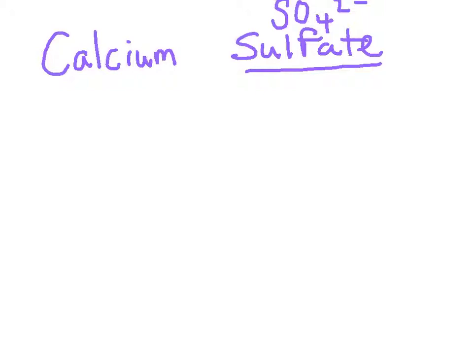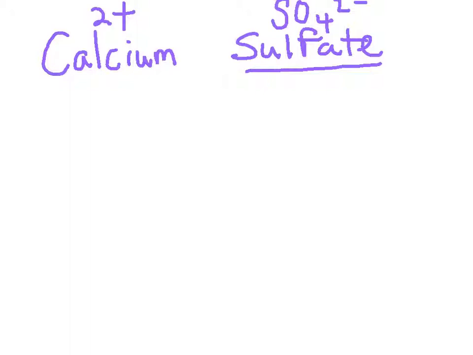Calcium is like the other metal ions that we were talking about before. That's on the periodic table. The charge from calcium can be determined by locating it in group 2 and knowing that group 2 metal ions all have a 2+ charge. So if you have a calcium and a sulfate together, you have to ask yourself, how many of each do I need to cancel out those charges?